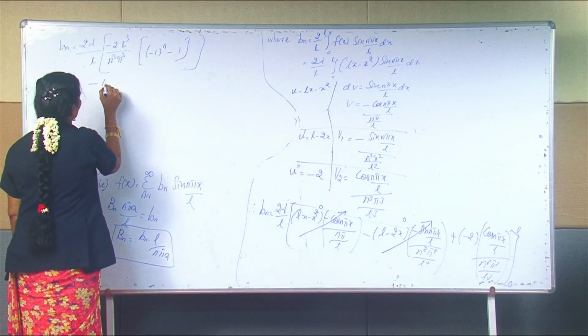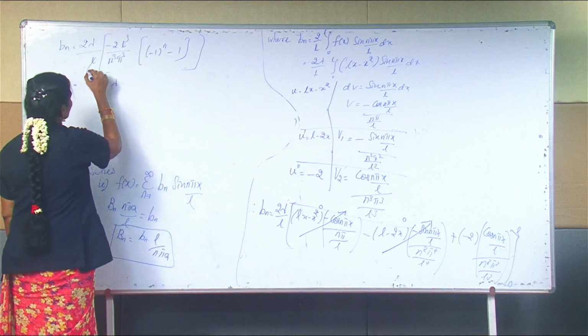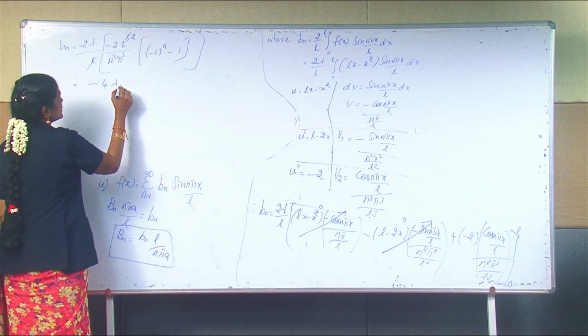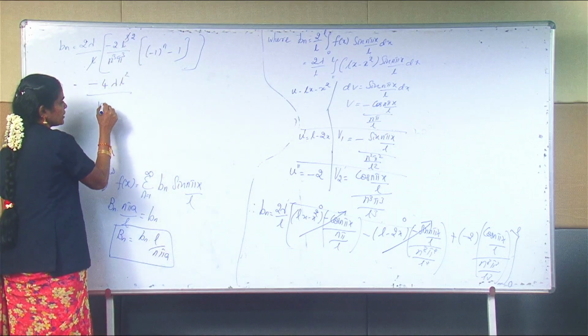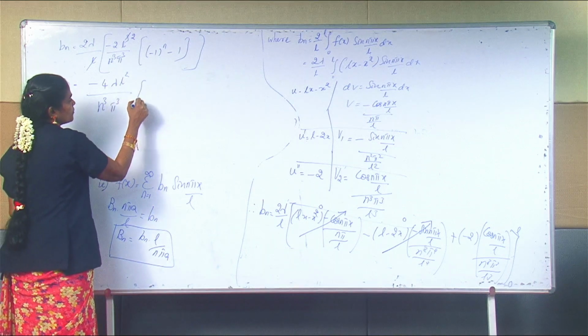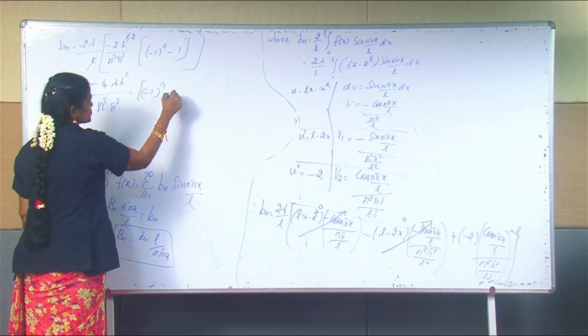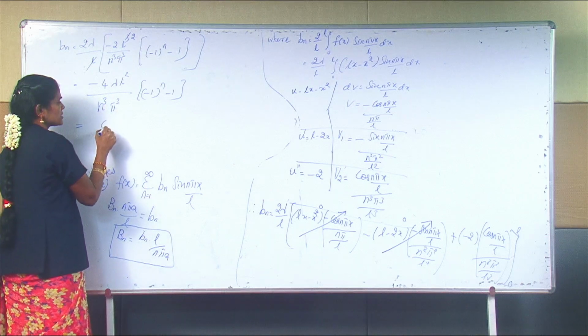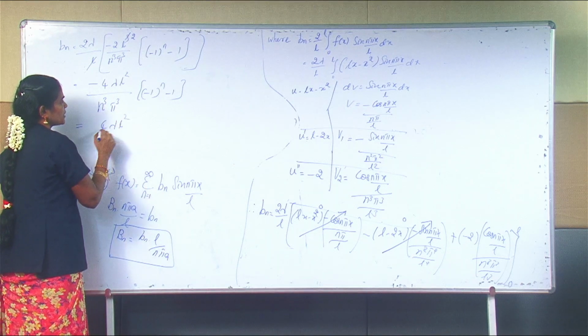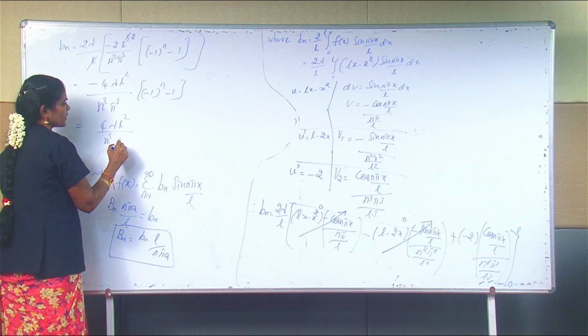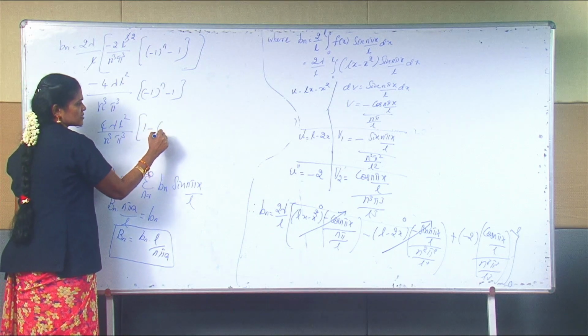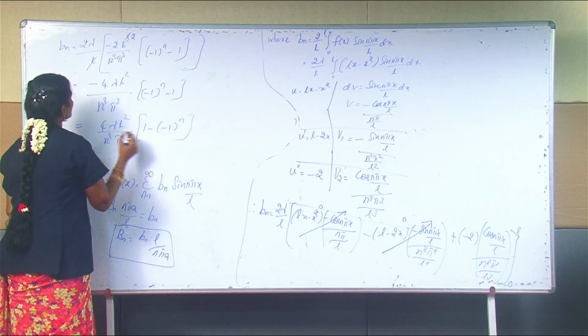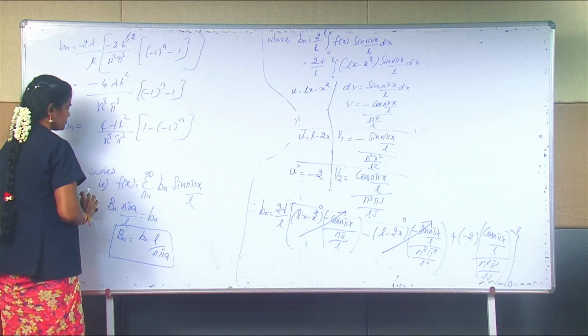It becomes minus 4 lambda, L and L cube get cancelled, L square divided by n cube pi cube into minus 1 the whole power n minus 1. If you multiply by minus, it becomes 4 lambda L square by n cube pi cube into 1 minus minus 1 the whole power n. This is our Bn value.